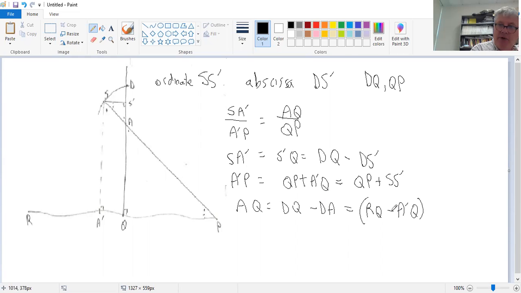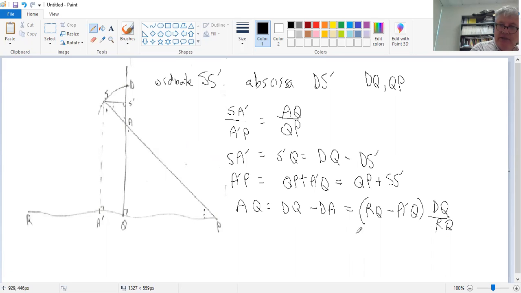But we multiply it by DQ over RQ. And this is taking account for the fact that we've cut up DQ into an equal number of spaces as we have with RQ. So DQ over RQ is the scaling factor that goes from the vertical axis to the horizontal axis.